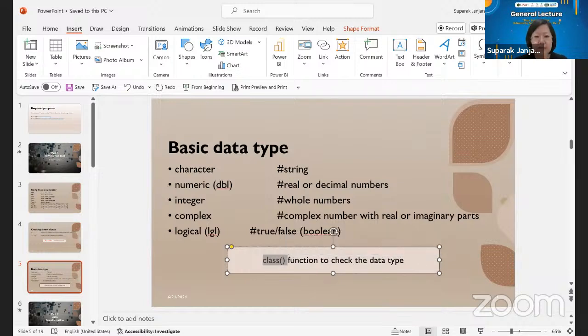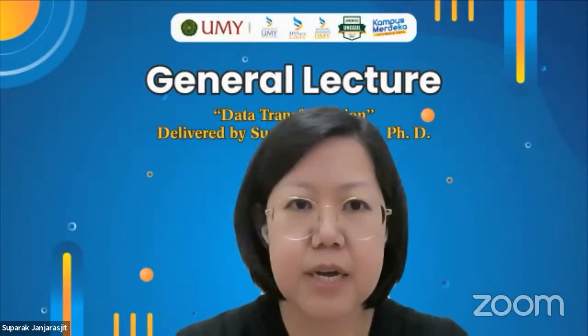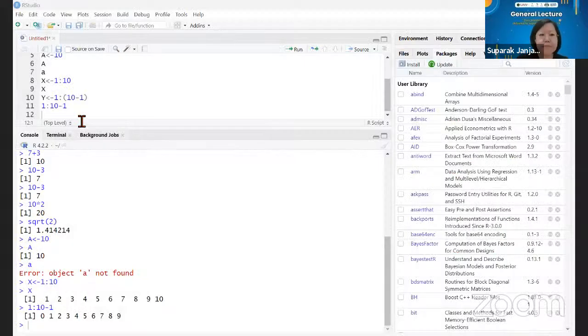So let's create an object and check its data type. For example, we have created the object Y in line 10. We would like to check what kind of data type Y is. You just type class and then, in the brackets, the capital Y as you created it. Let's see what the result is.